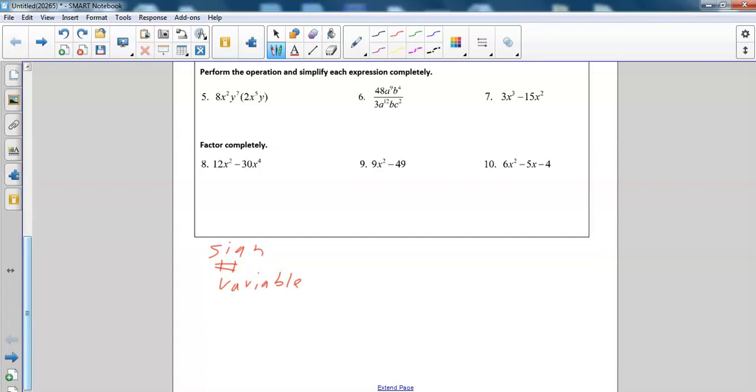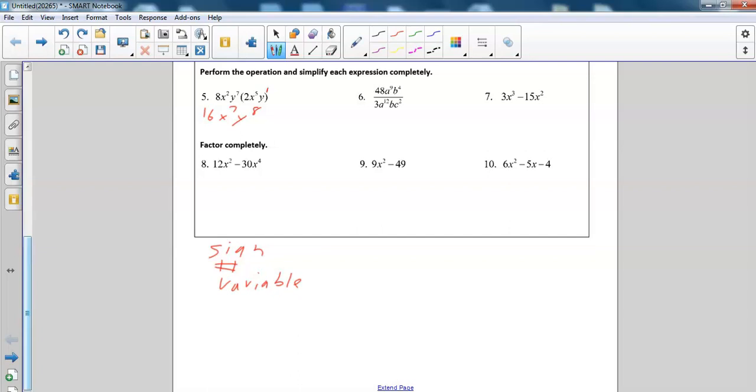Positive numbers give me a positive answer. Then I do the number. 8 times 2, 16. Now I worry about each individual variable. X squared times x to the 5 is x to the 7. Keep the base, add the exponents. Y 7, and don't forget this is a y to the first, that's y to the 8th.